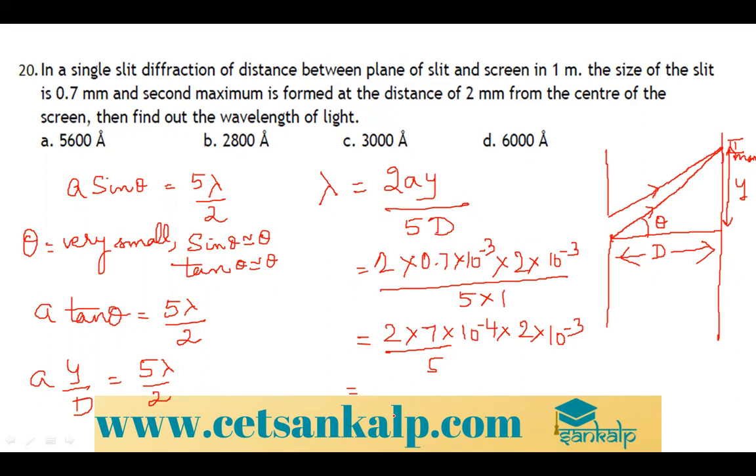7 fours are 28, divided by 5, into 10 to the power minus 7. So it is 5.6 into 10 to the power minus 7. So 5600 into 10 to the power minus 10 meter.